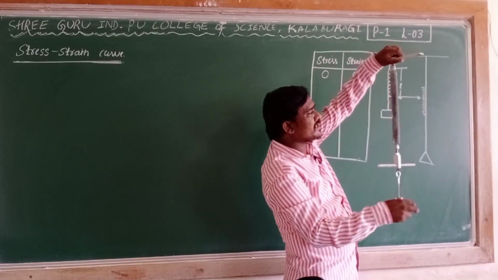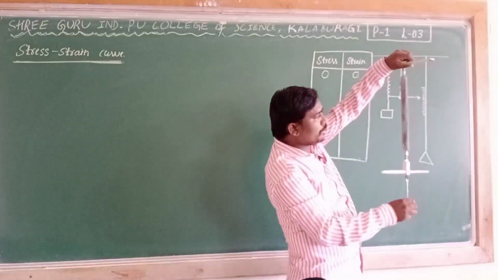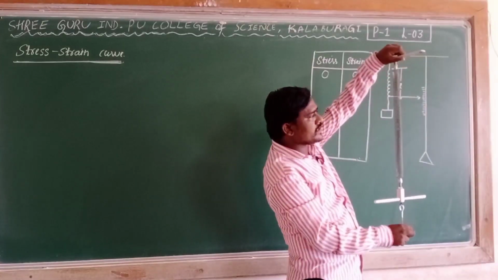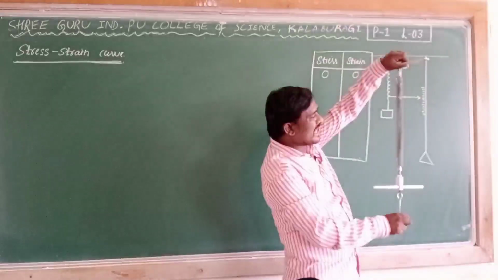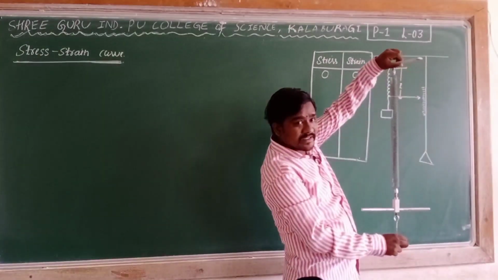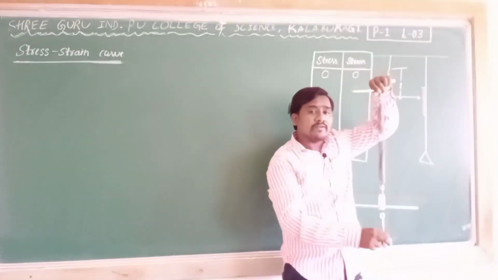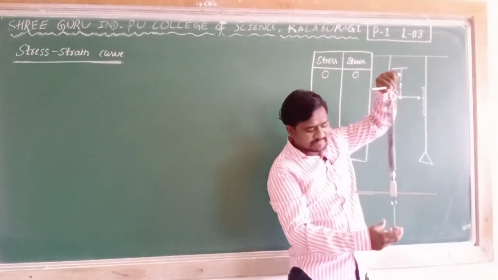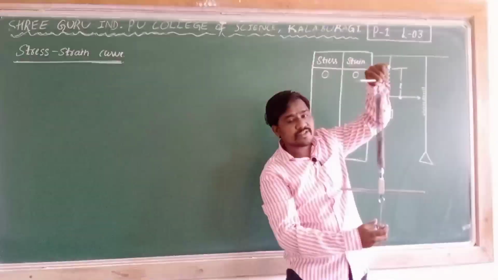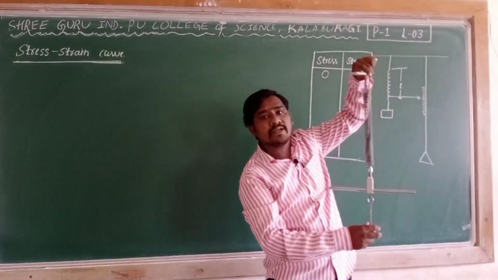Initially its diameter is more, but after applying a force the diameter goes on decreasing. This diameter decreases, which means length increases. Why? Because we are applying a force in the form of mass with respect to acceleration due to gravity. Force is equal to m into g.